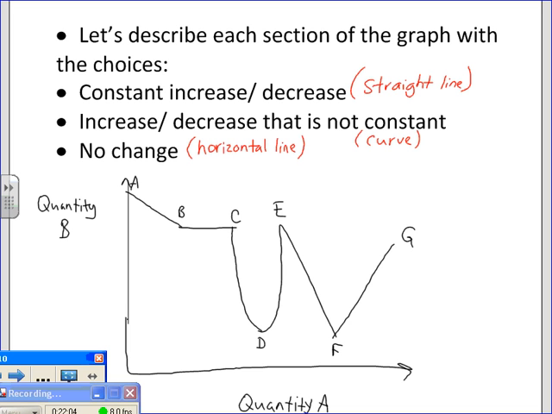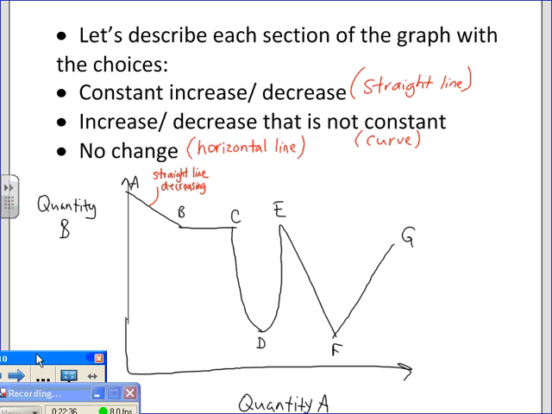Okay, so we have quantity B plotted against quantity A, and let's have a look at what's going on. For the first section, from A to B, I see that I have a straight line. And that tells me that it is a constant rate. So I'm decreasing at a constant rate. Let's also write that down. So this is also decreasing.